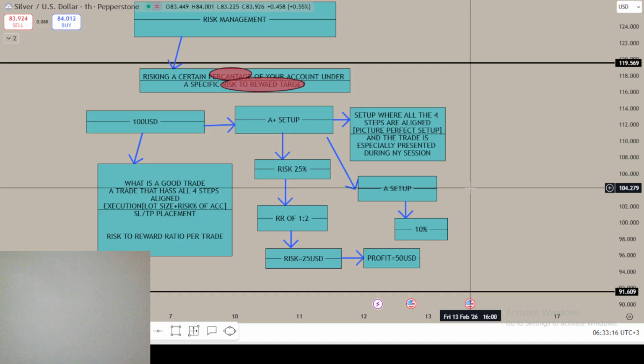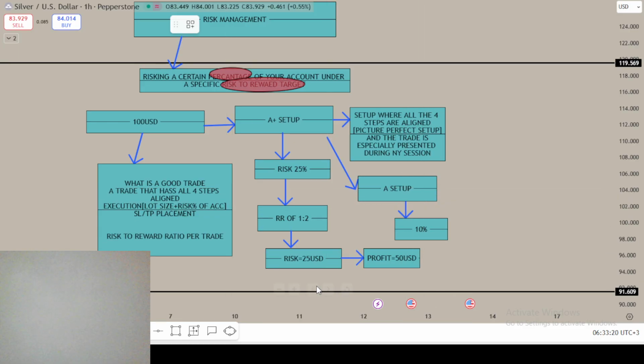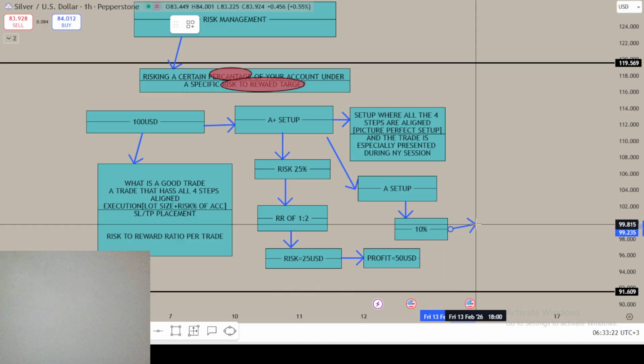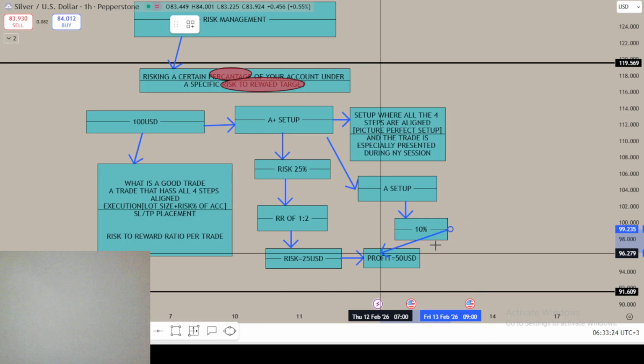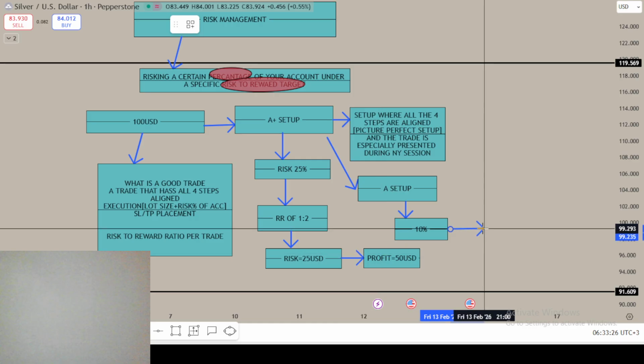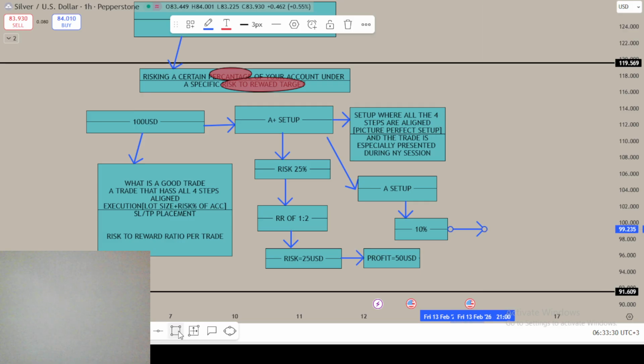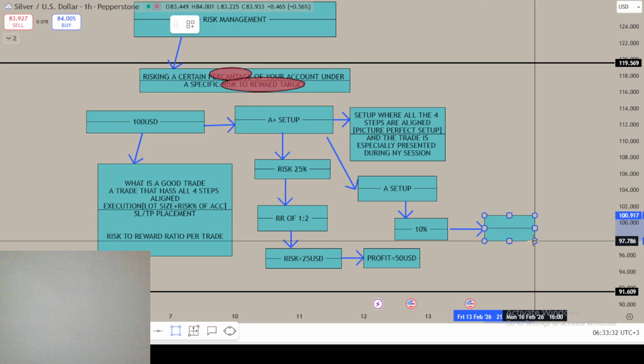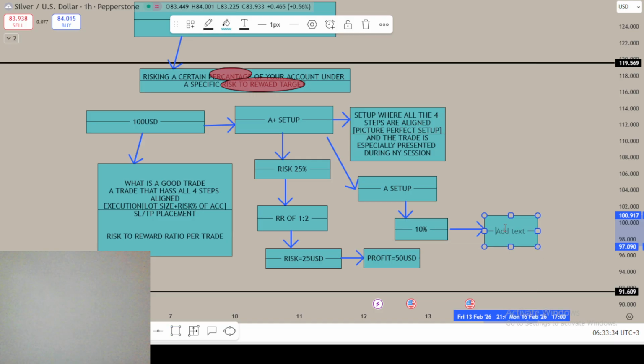So I risk 10%, and this is the constant. 10% is always my risk constant. The risk constant, again, I constantly risk 10% per trade.